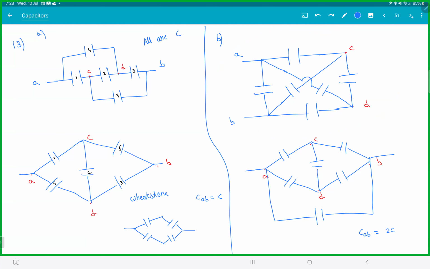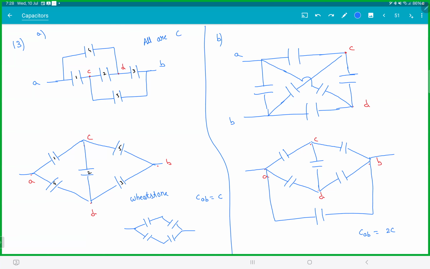Any doubts on this, please ask me. Basically this one can be removed, C and D. Turning the page. Clear?